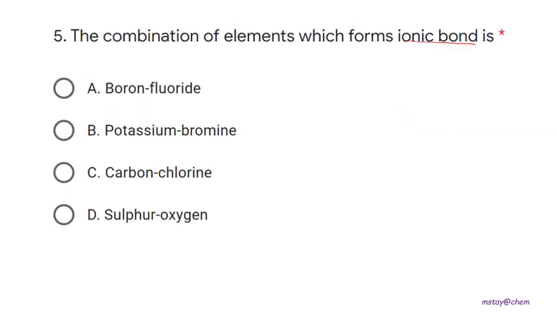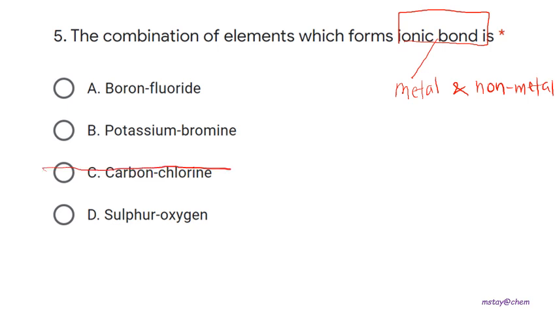Which of the combinations will form an ionic bond? As we know, an ionic bond is formed between metal and non-metal. So carbon and chlorine will be out, sulfur and oxygen will be out as well, because both of them are non-metal with non-metal. Boron is metal, fluoride is non-metal. However, this one also will not form an ionic compound.